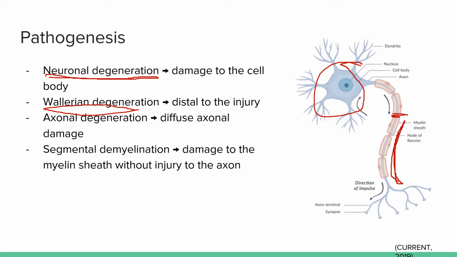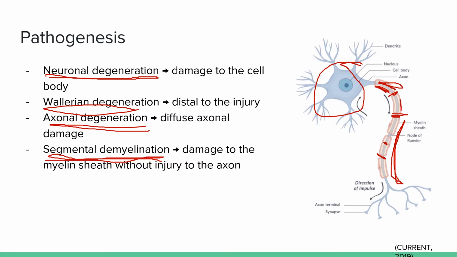This is Wallerian degeneration. Axonal degeneration means there is diffuse axonal damage. The axon has lesions, for example, here, here, and here. And segmental demyelination. This means there is only damage to the myelin sheath, this here, but the axon is spared.